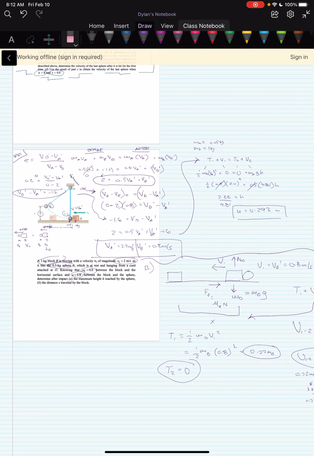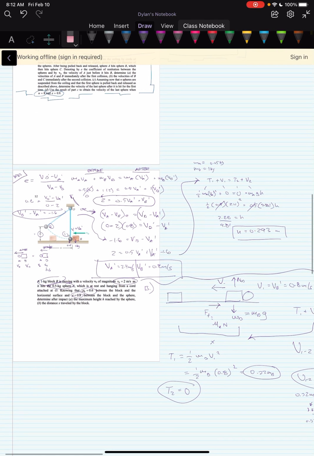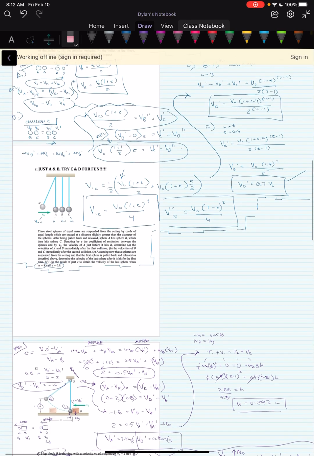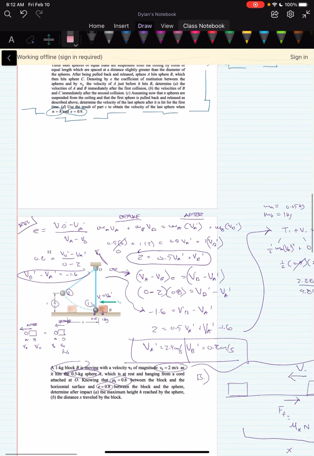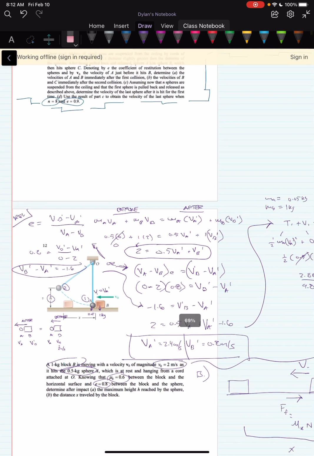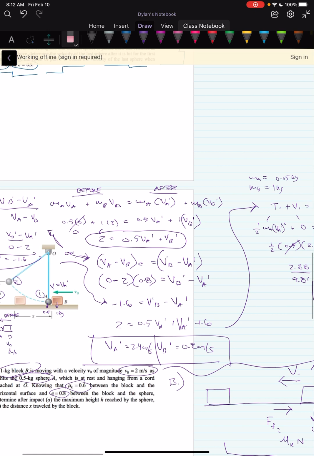Number 12. So you have to solve for your initial velocity and then your relative velocity. It started making more sense to me on this one, where I started just setting up everything, my momentum and impulse before and after the impact, and then you're able to keep things more organized.